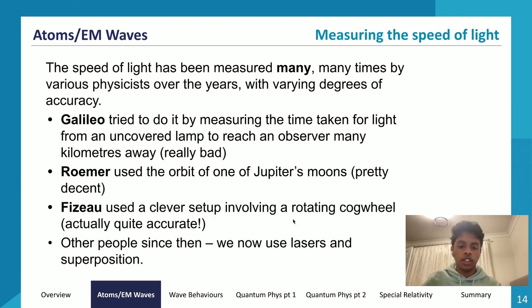Those calculation questions won't be too bad, because as long as you know how their setup worked, you should be okay. So the important thing is to know their concepts, because they can ask you to explain Galileo's method of calculating the speed of light. So now we can segue onto the different methods of calculating the speed of light.